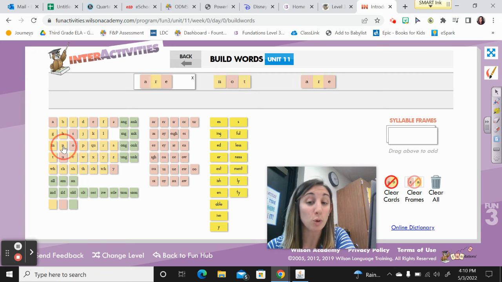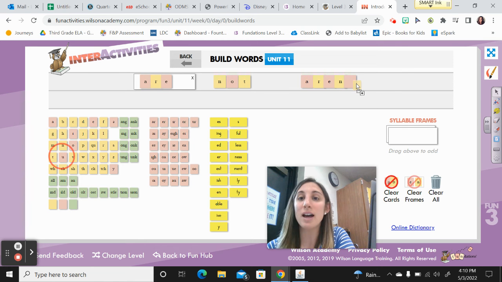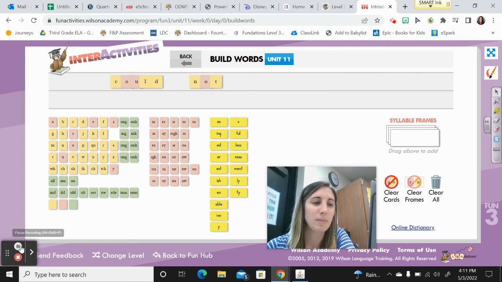What's the typical rule for that? Right, scooch over the N, replace the O with an apostrophe, and scooch over the T, correct. And then the only thing I need to actually mark is that O, that vowel, was replaced with an apostrophe. Aren't. Very good.